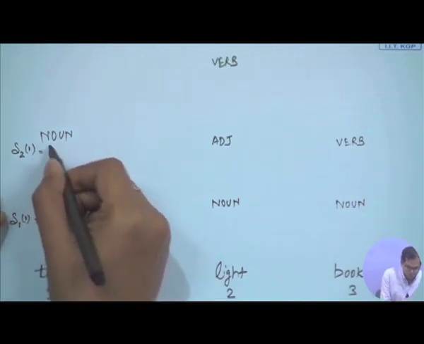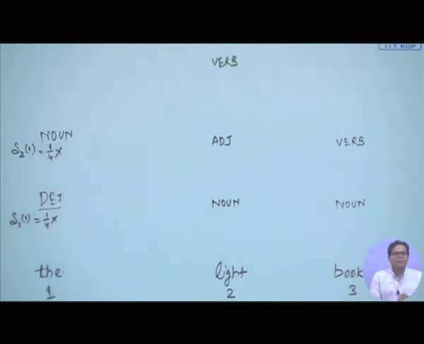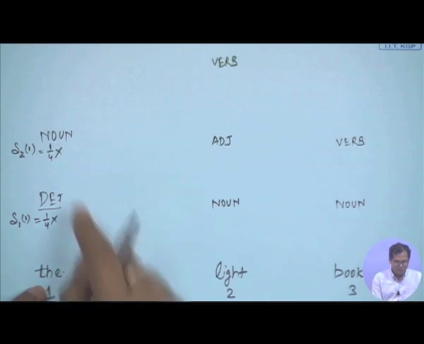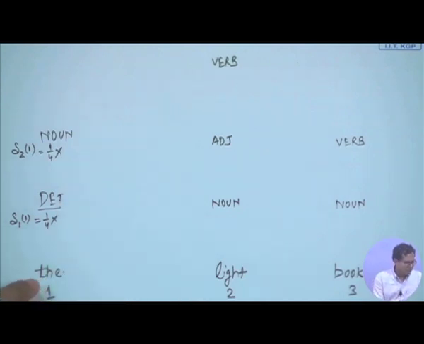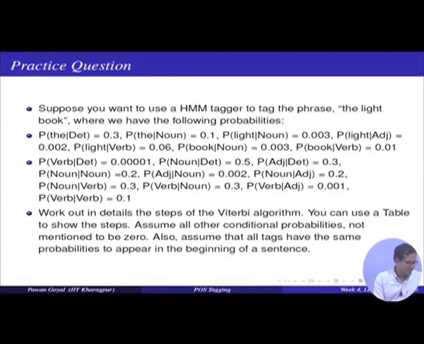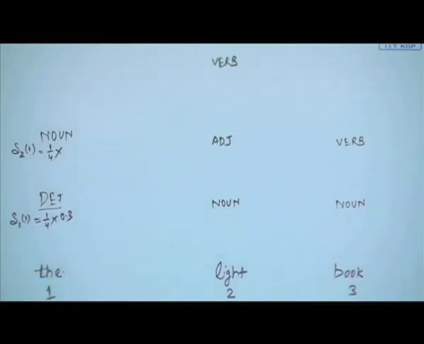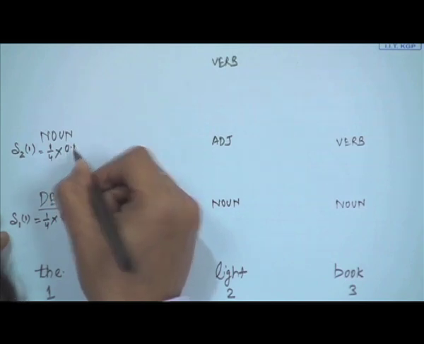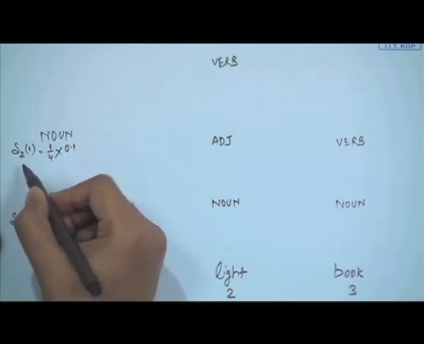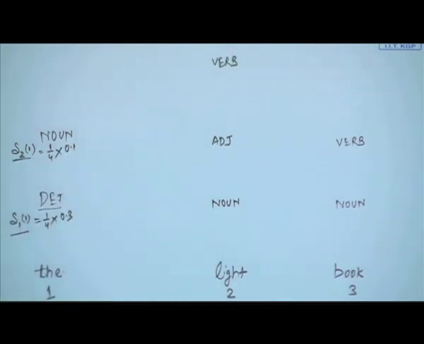Similarly for noun, 1 by 4 times probability of "the" given determiner, and that is given here as 0.3. Okay. And probability of "the" given noun is given as 0.1. So this is your delta 2 1 and delta 1 1.